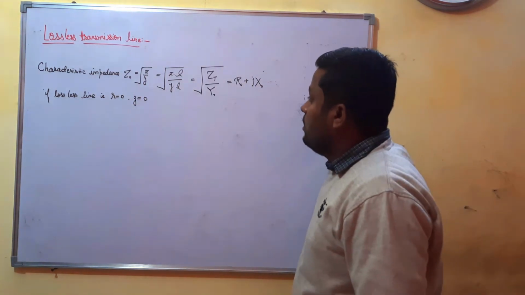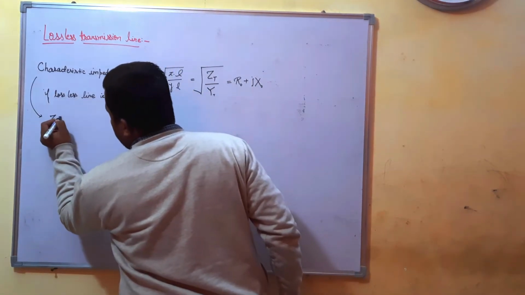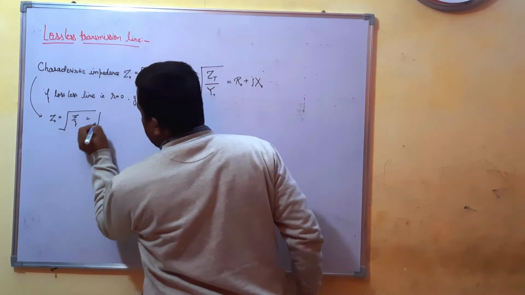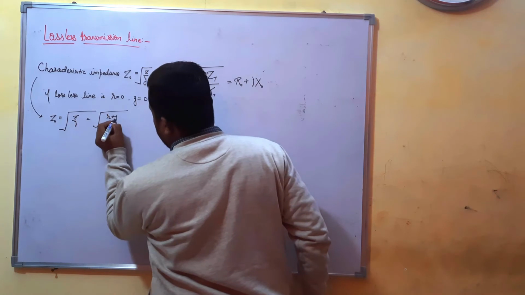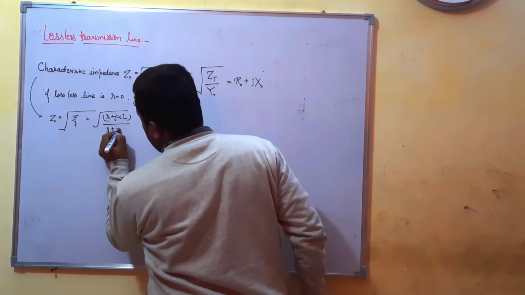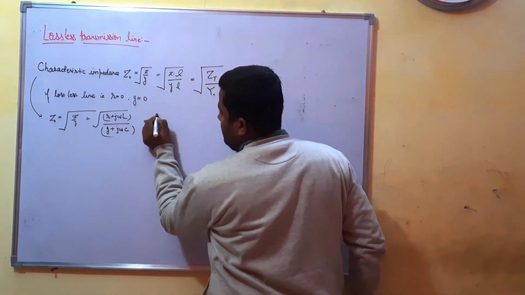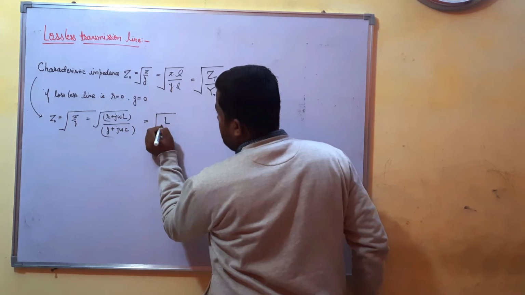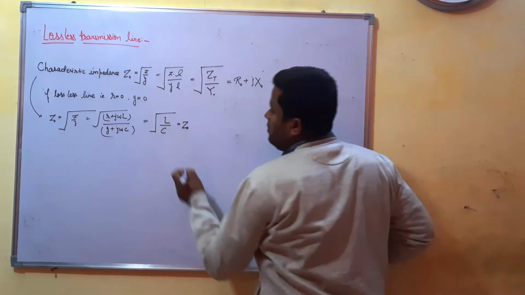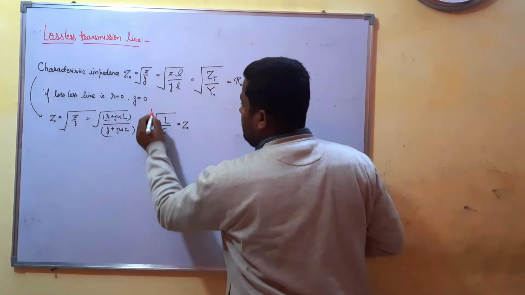So the characteristic impedance Z0 will be the square root of Z by Y, which is R plus j omega L upon G plus j omega C. Put R is equal to 0 and G is equal to 0, so the characteristic impedance will become the square root of L by C.